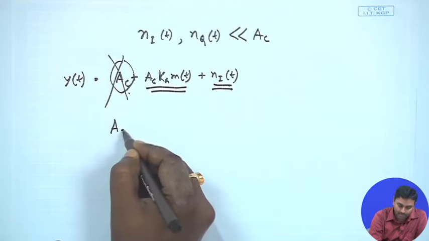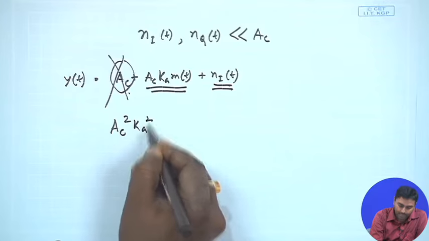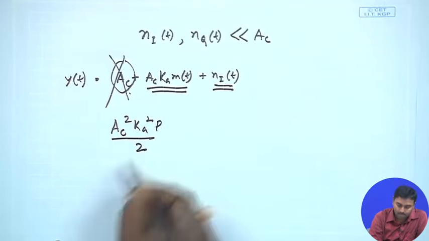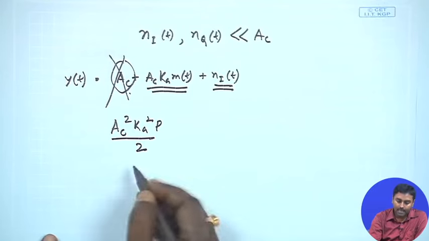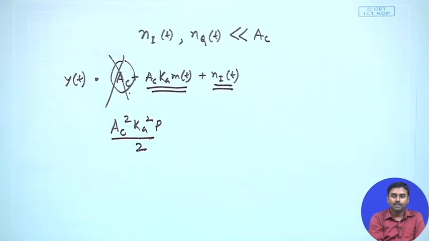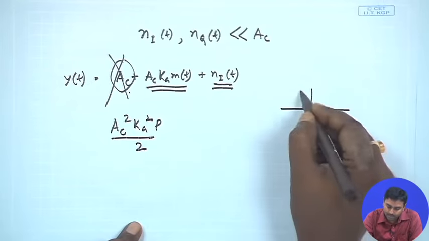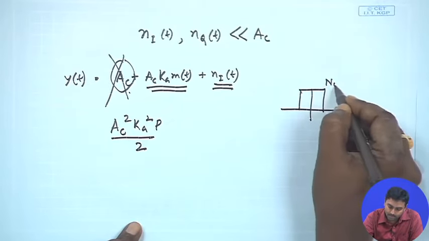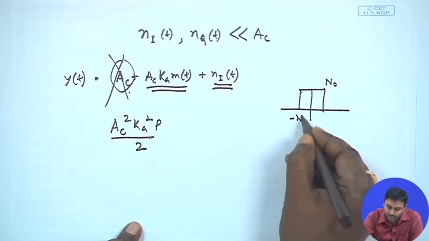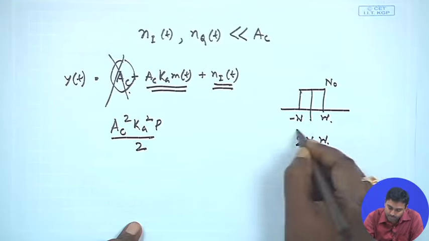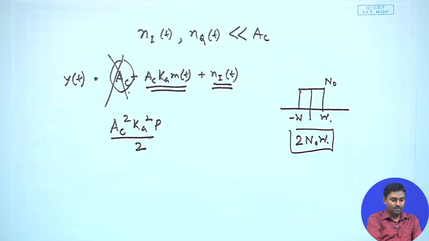It is actually Ac squared Ka squared into P by 2. That is the signal power, and the noise power is this Ni power. We have already evaluated that, with strength eta 0 going from minus W to plus W, so that must be 2 N0 W, right.